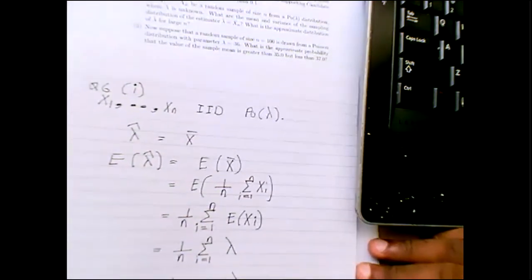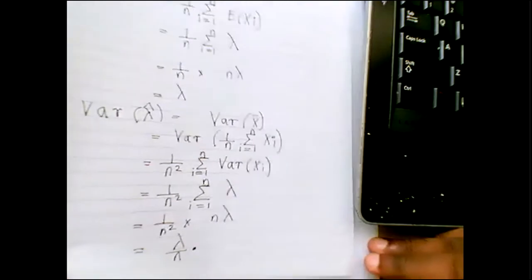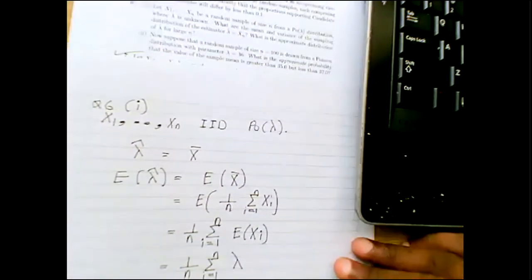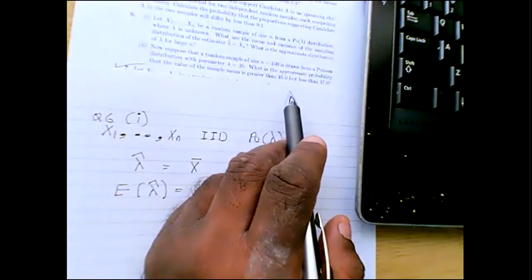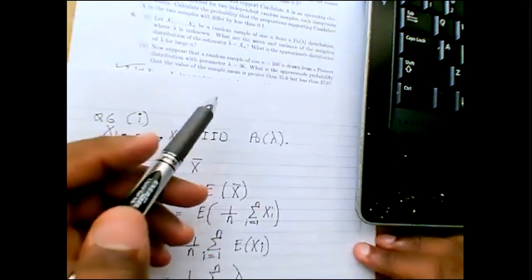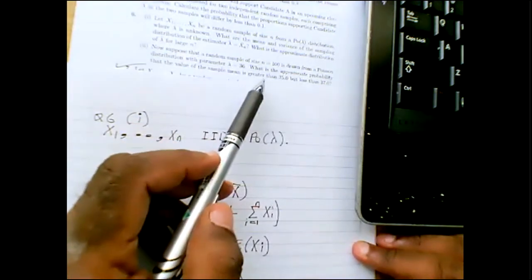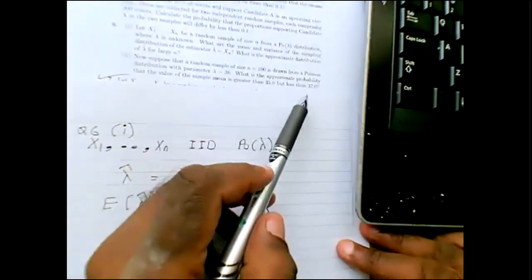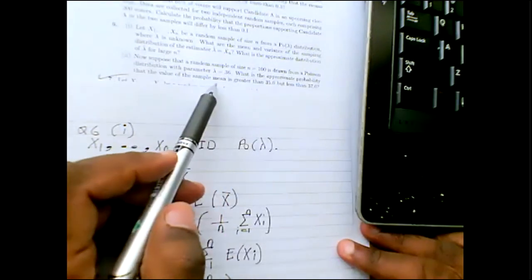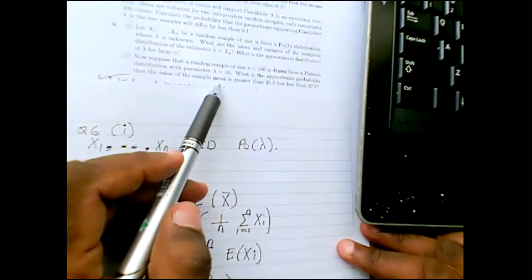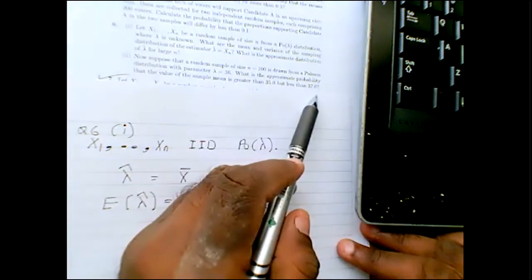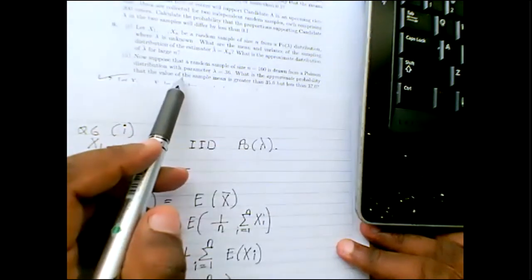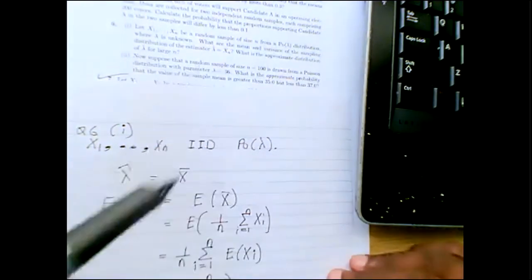Part 2, I don't think I have the time to do, but part 2 is just to use a normal approximation to the Poisson probability. Basically, you're looking for the probability that the sample mean is between 35 and 37, when lambda is equal to 36.